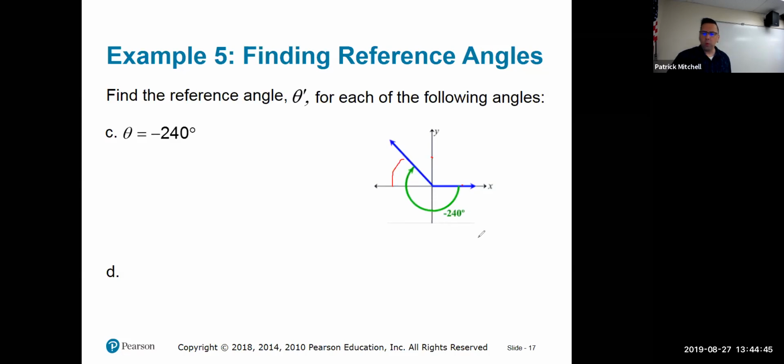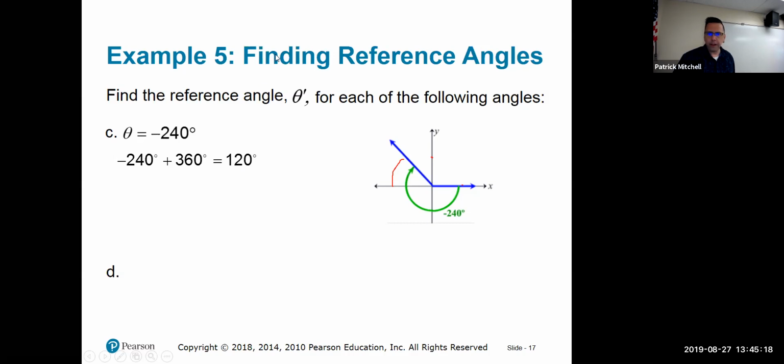Now, when the angle is negative, that does make it a little trickier. And also, those formulas that were at the bottom of that slide that defined the reference angles, those formulas don't work unless the original angle is between 0 and 2 pi. So I think a good way to do this might be to start by finding the coterminal angle that's between 0 and 360.